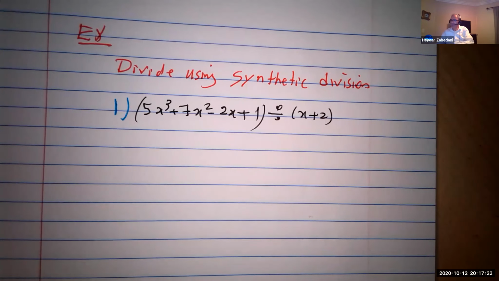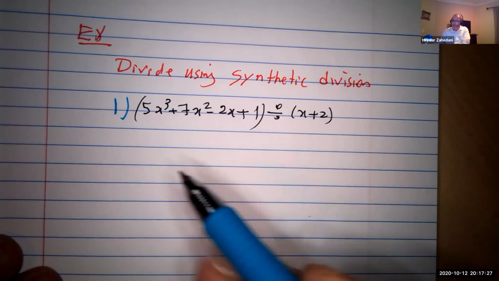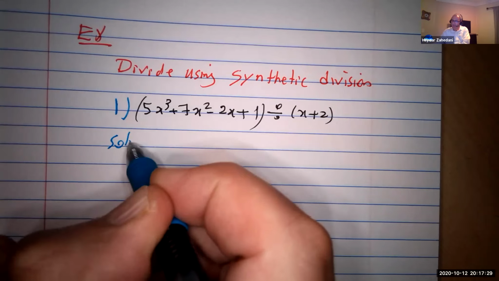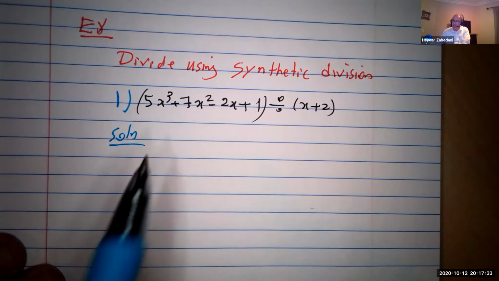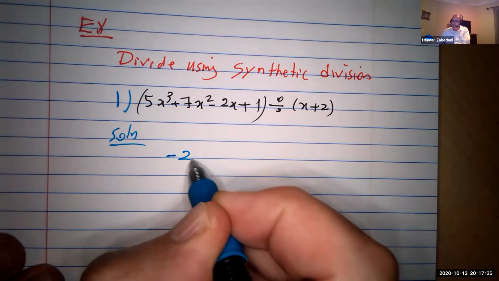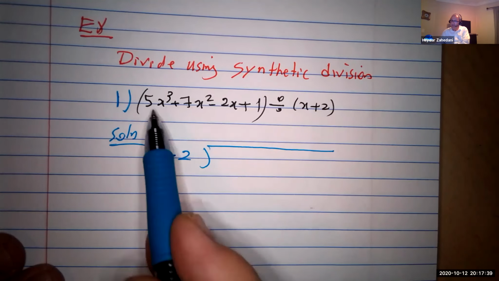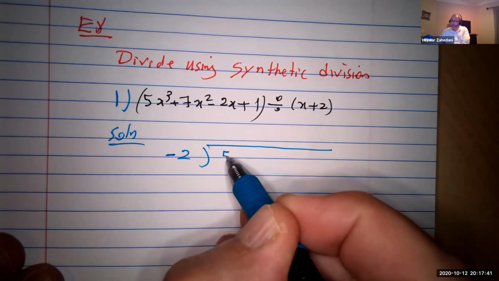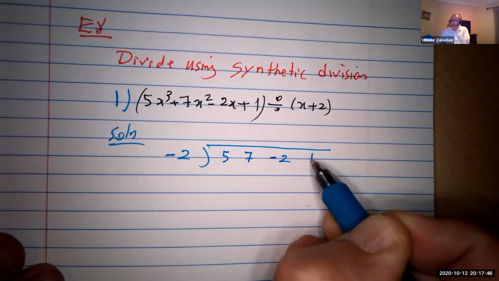So to use the synthetic method, change these signs into the negative, the opposite sign. Otherwise, you have to change the sign anytime you multiply. So it's going to be negative 2. Bring this down: 5, 7, negative 2, 1.